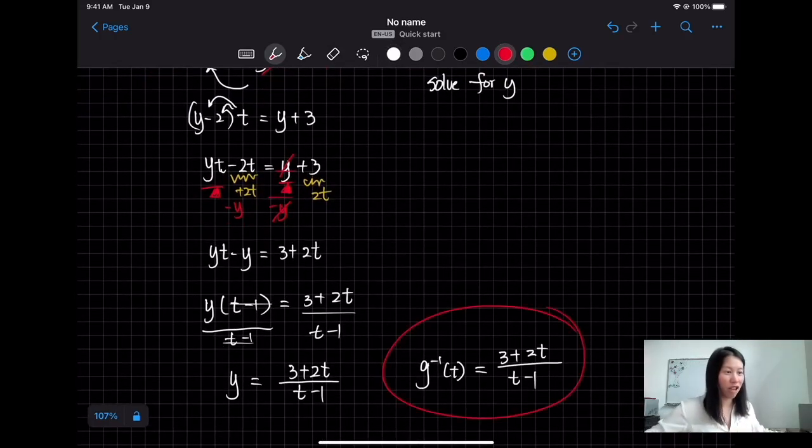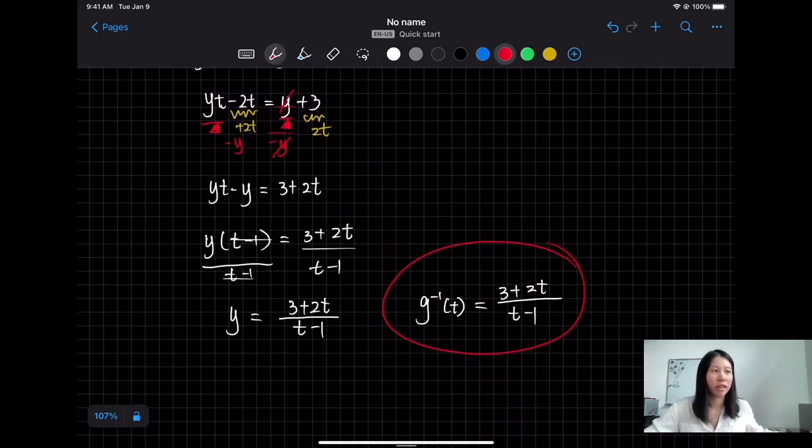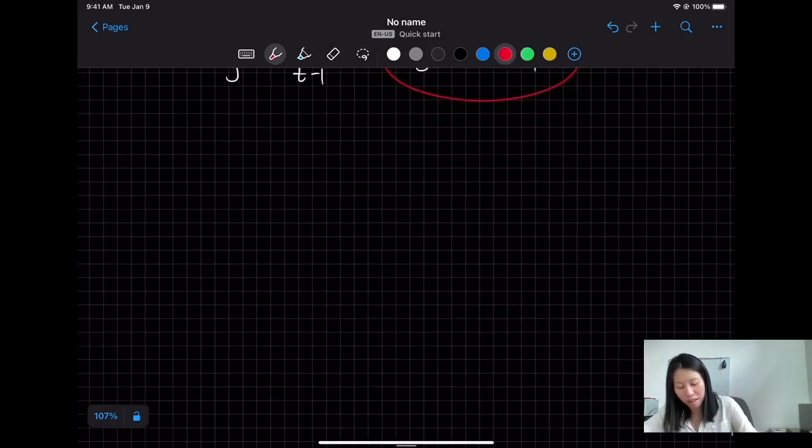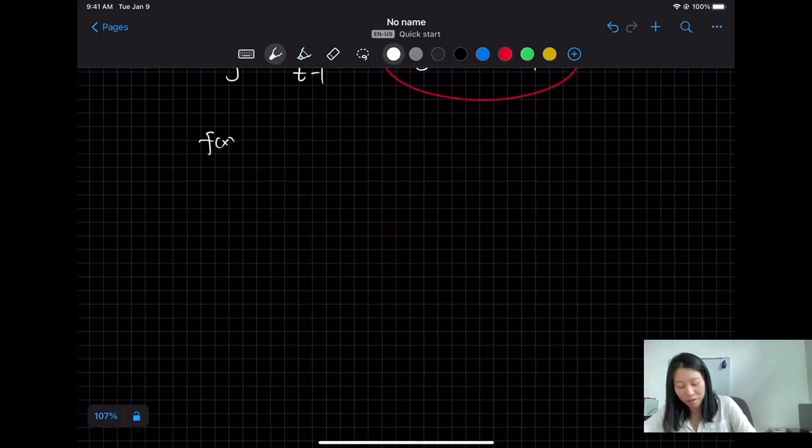So let's try another example, such as f(x) equals (20 plus 0.4x) over (100 plus x).